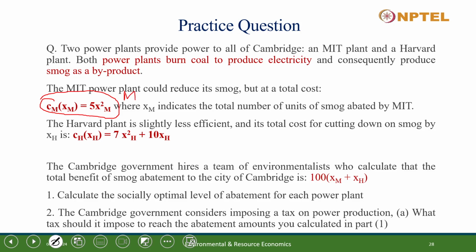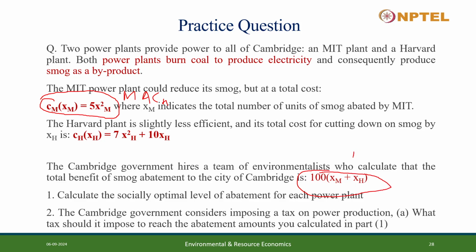This MAC for M will be the differentiation of 5x square M. If we differentiate both the cost functions, then we will get the marginal abatement cost for both plants H and M. So if we get the marginal abatement cost curve, then we will also get the marginal benefit curve, right? The benefit is given.